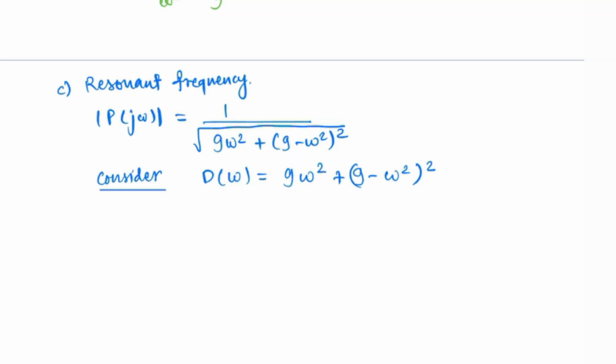So when would this magnitude peak out? It would be maximum when the d of omega term would be minimum.